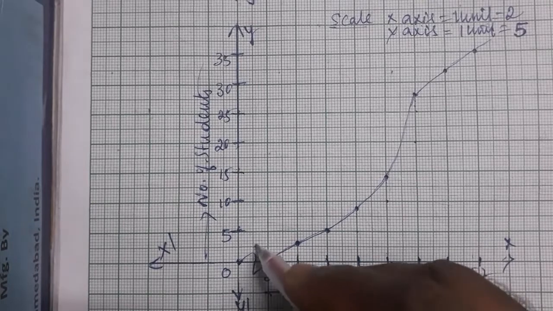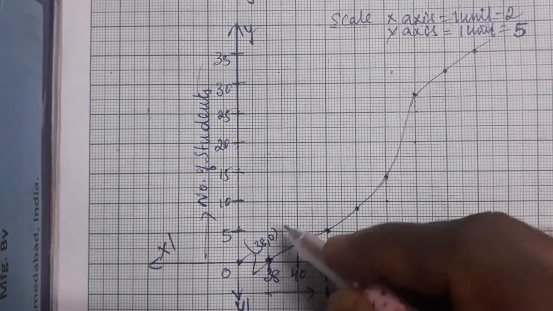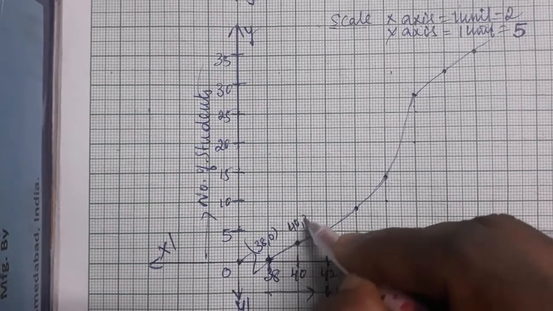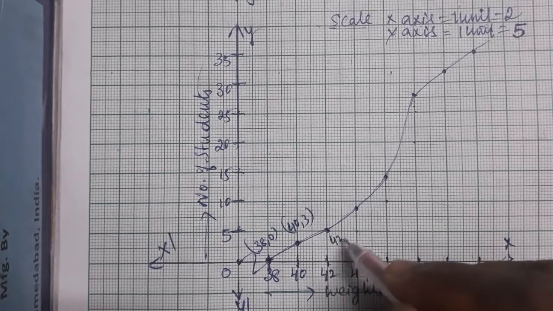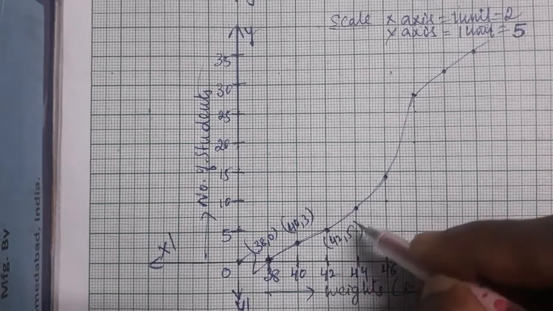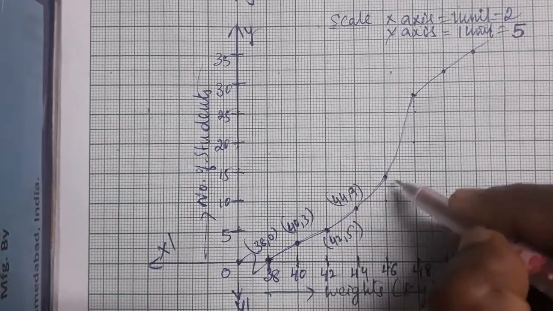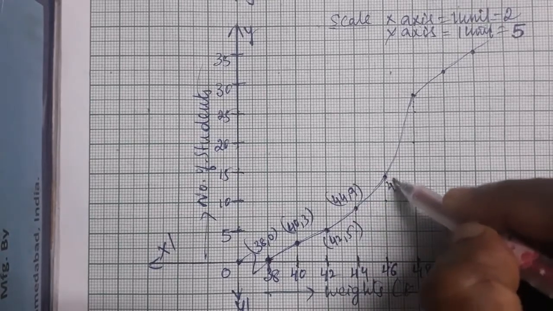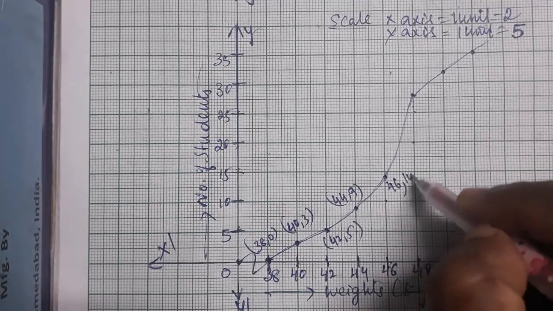Now write all the readings, that is, the coordinates. This is 38, 0. Next, for 40 it is 3. Next reading 42, 5. Next reading is 44 and 9. Next reading is 46, 14.